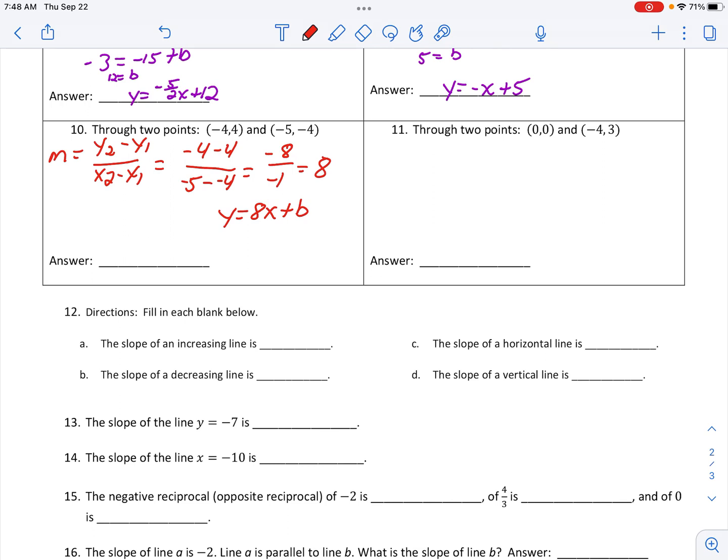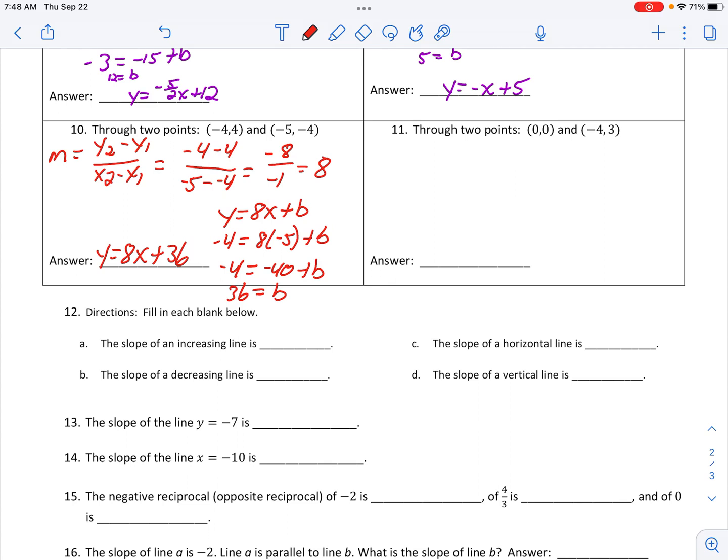It does not matter which point you do. I'll take just the negative 4 there, and then the negative 5. It does not matter. Just watch your arithmetic. Got an equation of 8x plus 36.